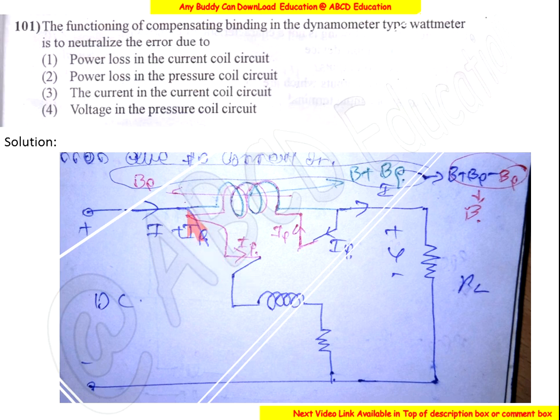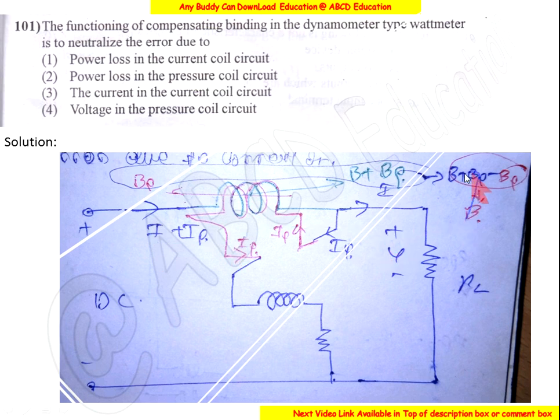The error due to this current can be reduced with the help of the compensating coil. This compensating coil is connected in the potential coil branch, in the reverse direction to the current coil. So the magnetic field produced by this branch is in the reverse direction. Due to this, both fields cancel out, so the error is reduced to zero.